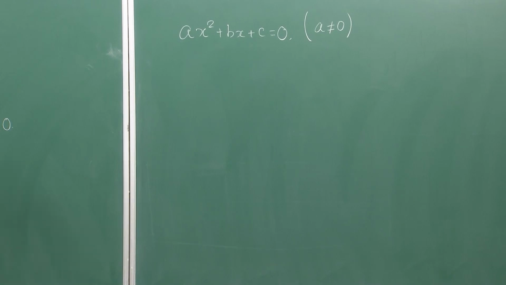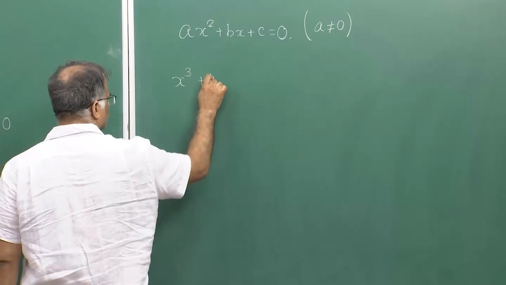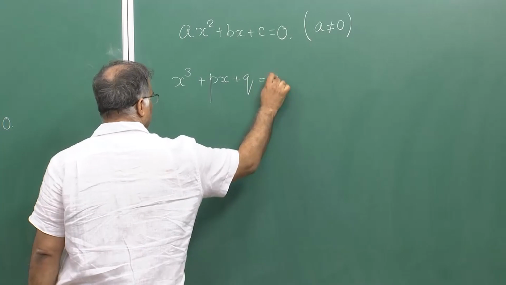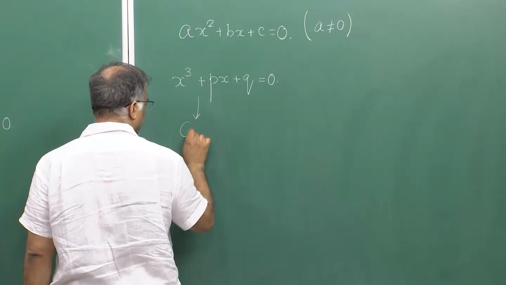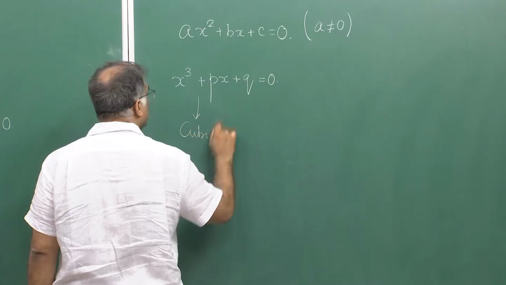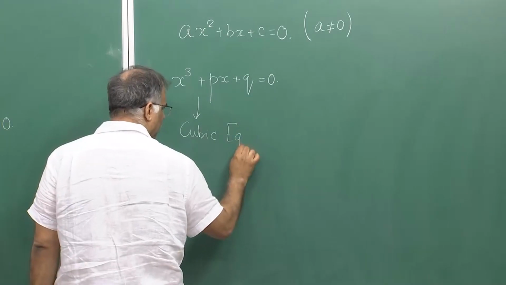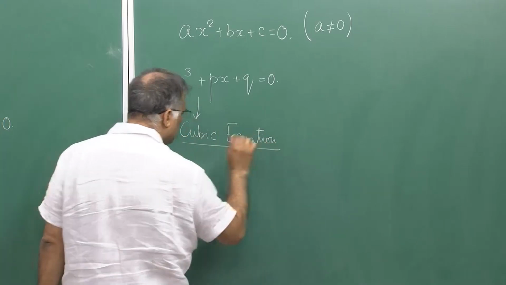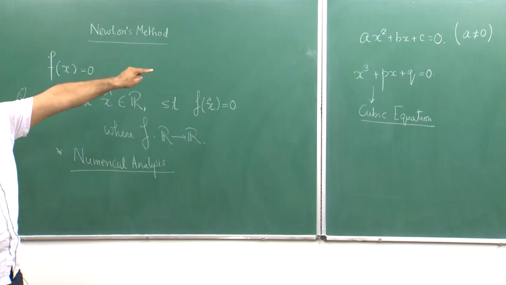There are other equations called cubic equations. This is called a cubic equation in the standard form, but it is not so easy to solve like the quadratic equation. And the idea of complex numbers, which you already have some information about in high school, the numbers of the form a plus ib, also arose while trying to solve this equation.